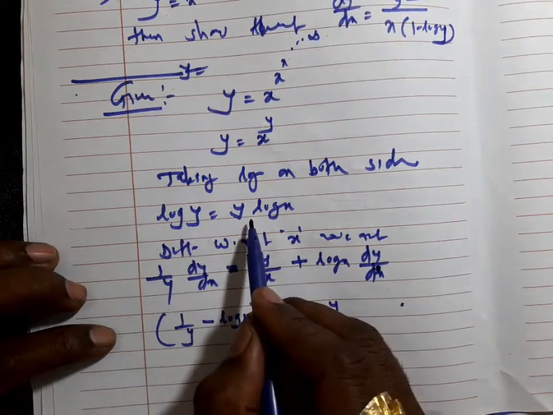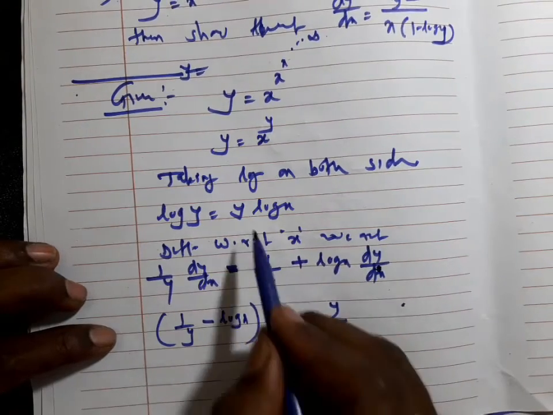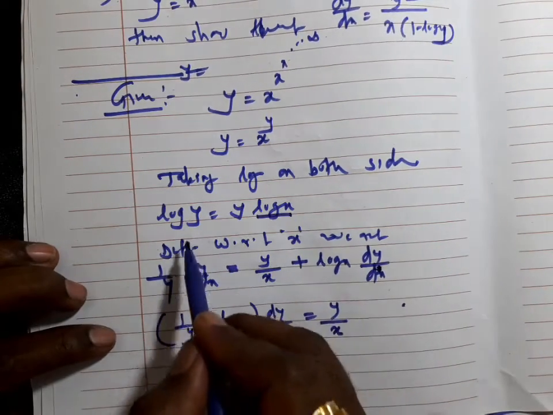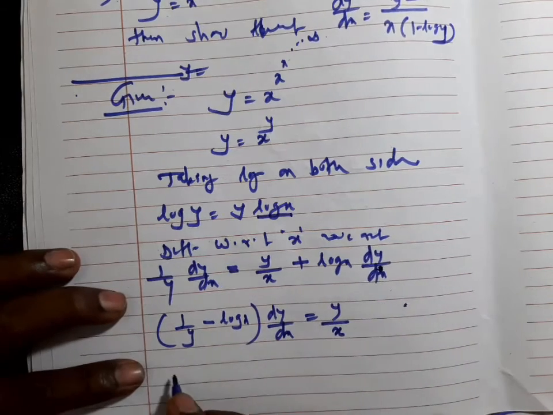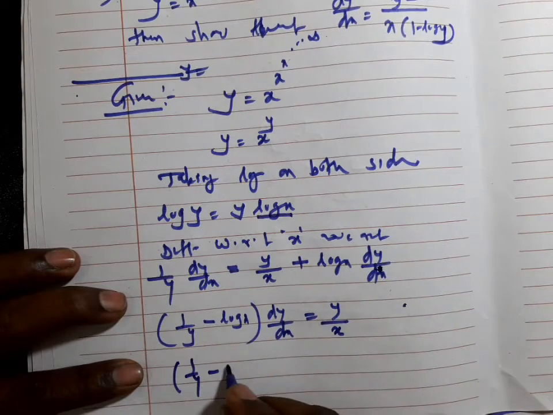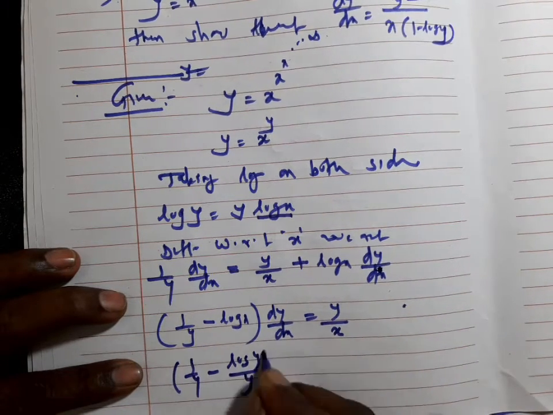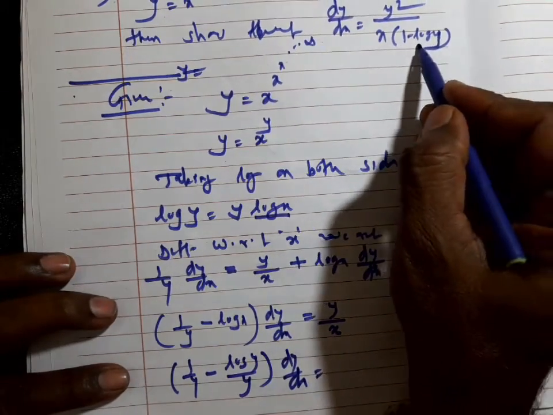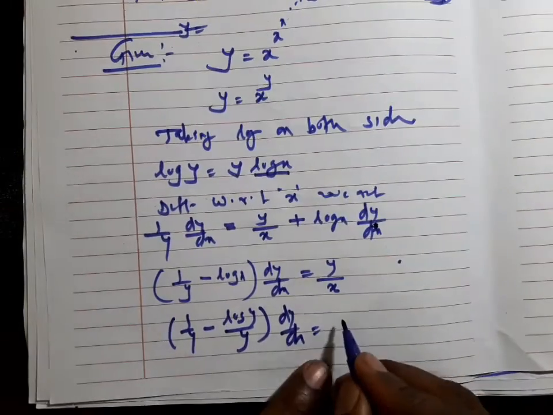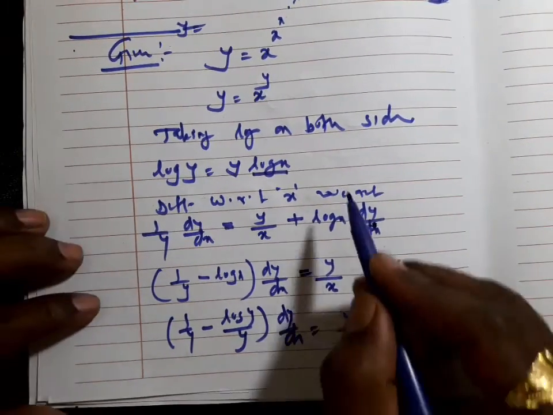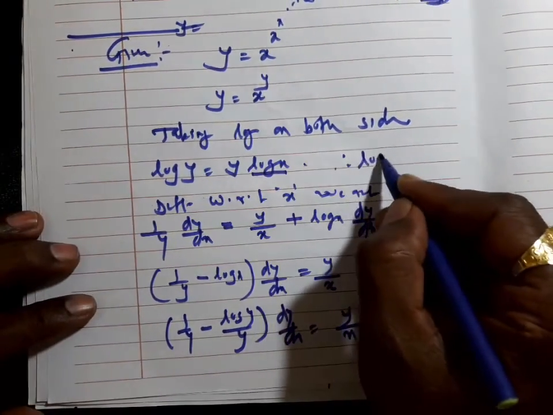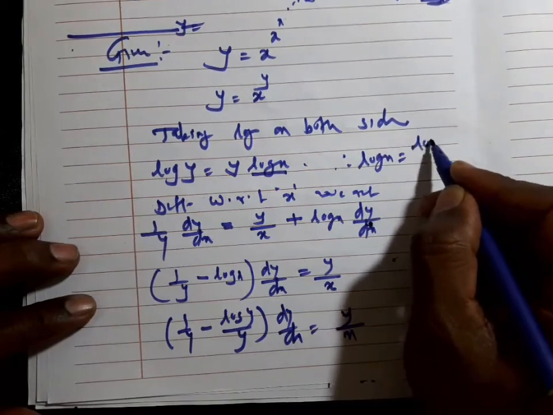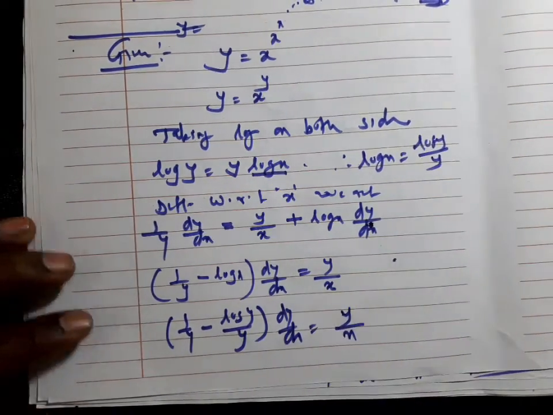Now, in the required proof you want log y, not log x. So we should remove log x. From log y is equal to y log x, log x is equal to log y upon y.